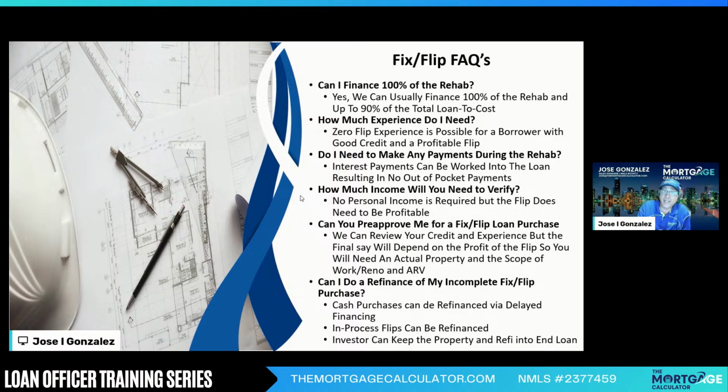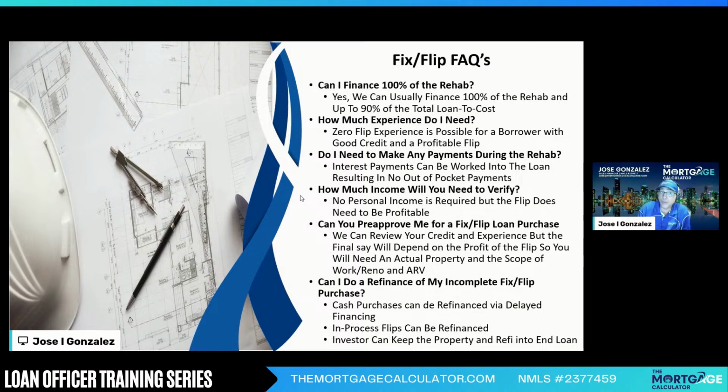If you don't have the exact property already figured out and have that data for us, all that we can really do is review your credit and review your experience, but the final say will depend on the profit of the flip.